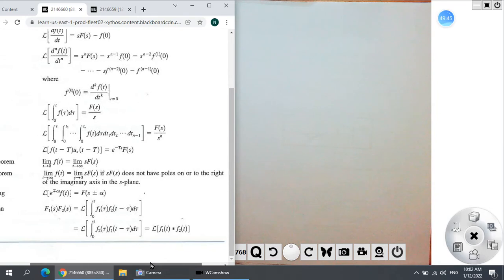If we have a convolution in the time domain, then the related one in the S domain is a multiplication. And the reverse one is, if in the time domain it is a multiplication, just times, not a convolution, then in the S domain it will be a convolution. We never use that one. This one maybe we use somewhere.